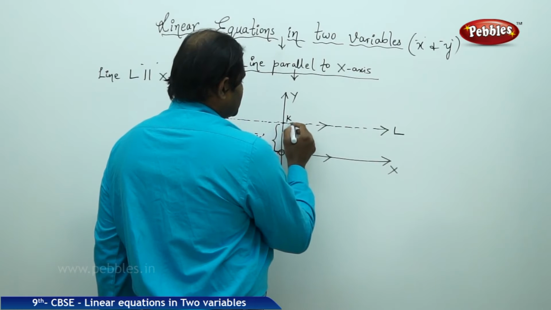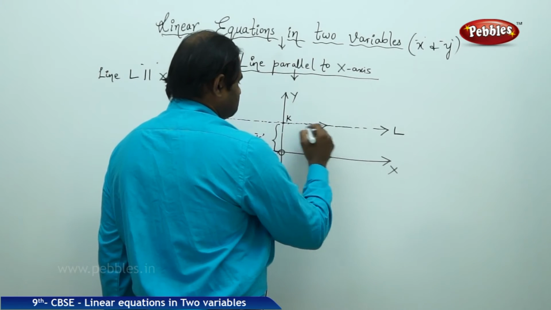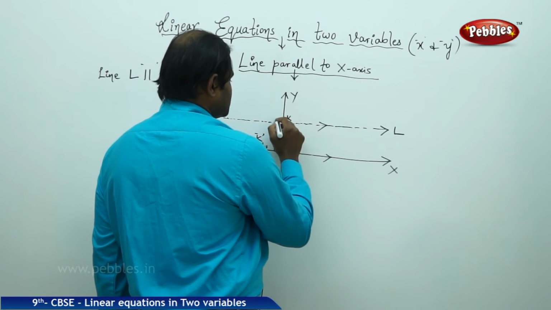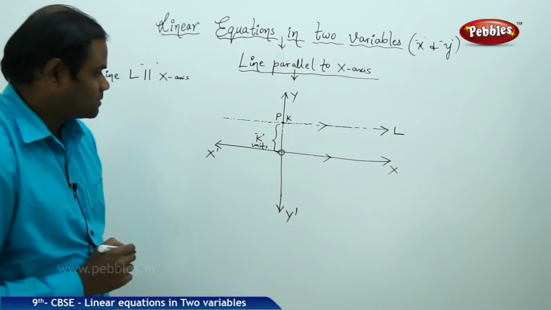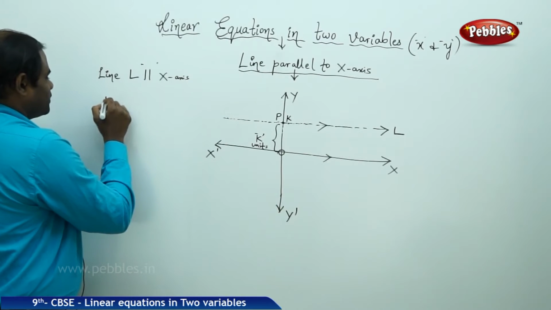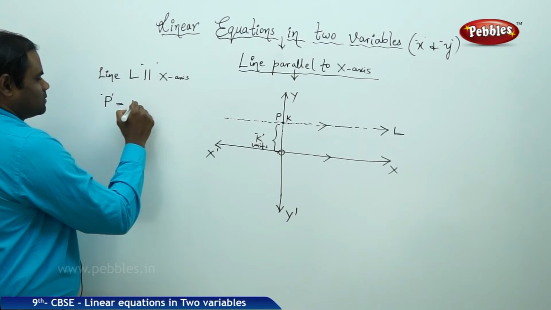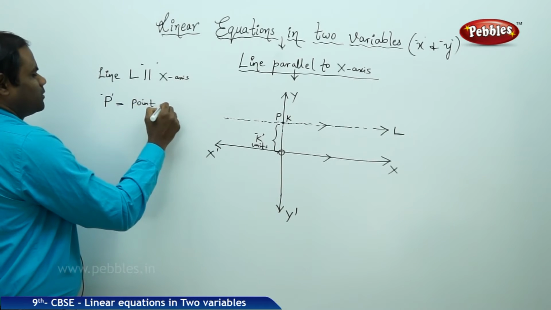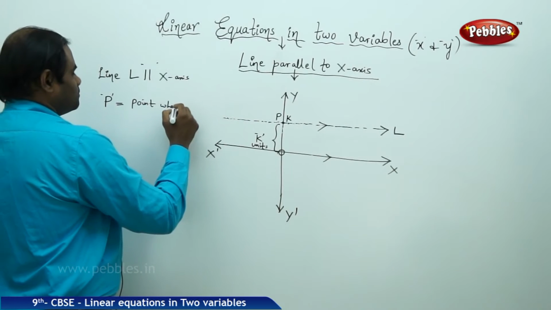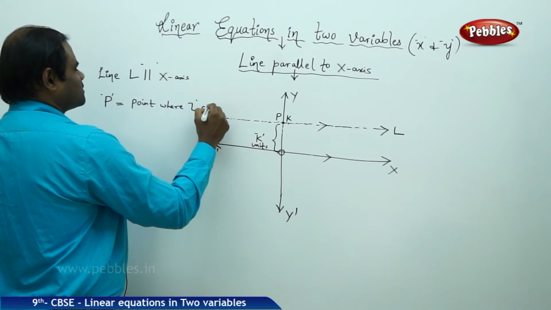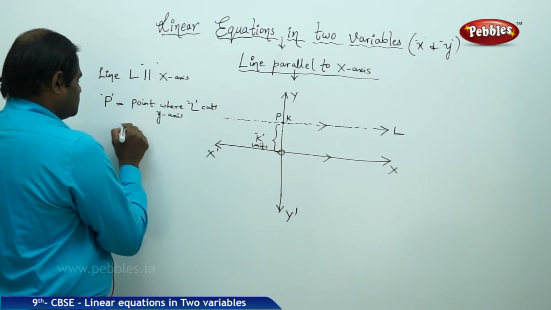Now let me just take randomly any point out here. Say for example, I take the point P, the point where the line L cuts the y-axis.